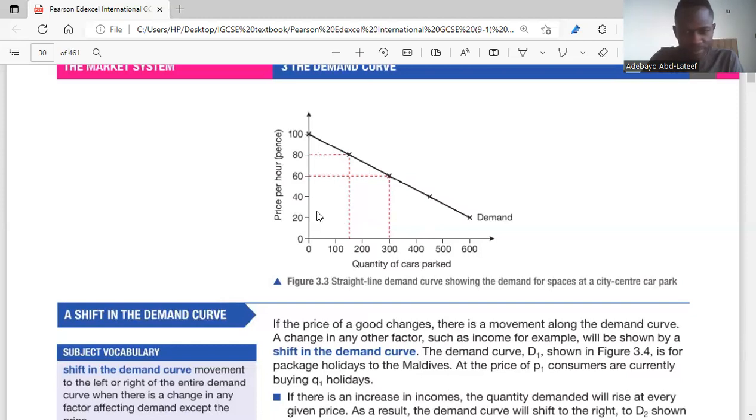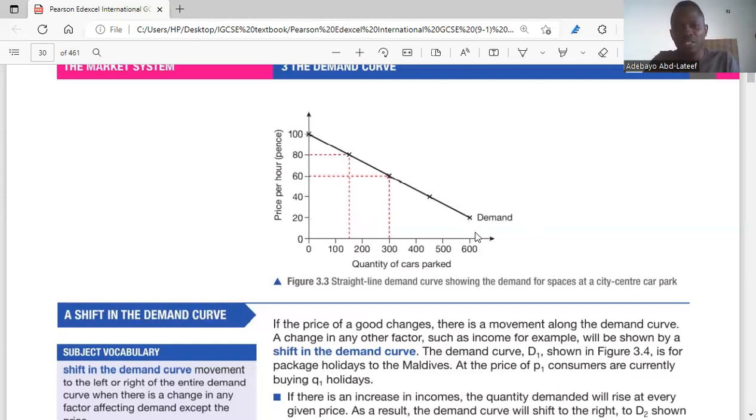So let's take the price at 60. If the price increases from 60 to 80, the quantity demanded contracts from 300 to 150. Thank you. That is contraction. Let's assume that the price falls from 60 to around 20.